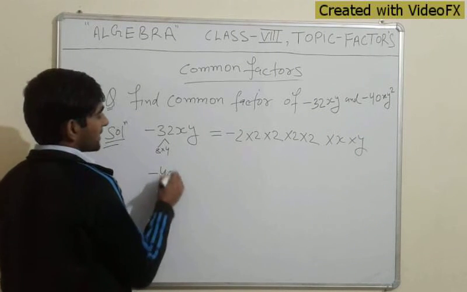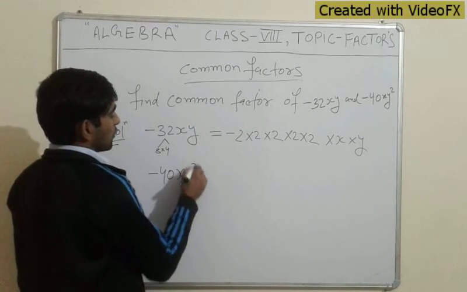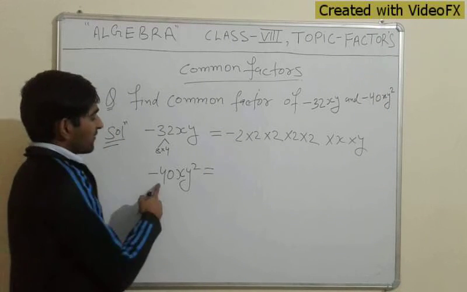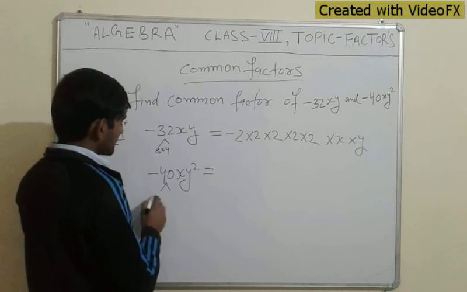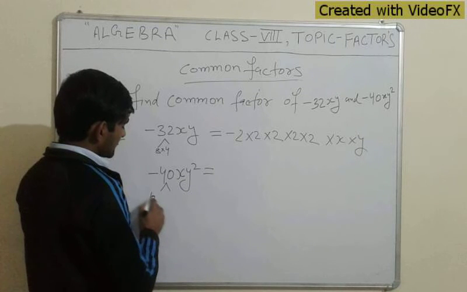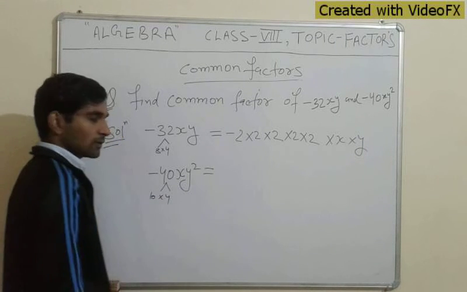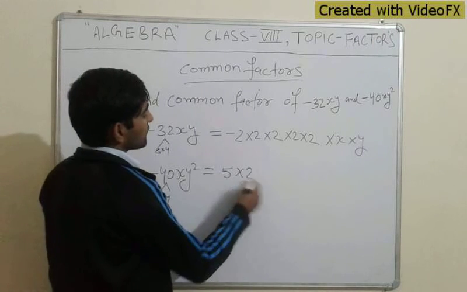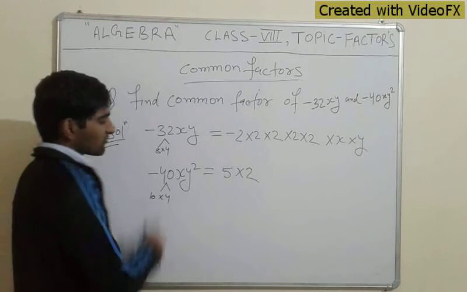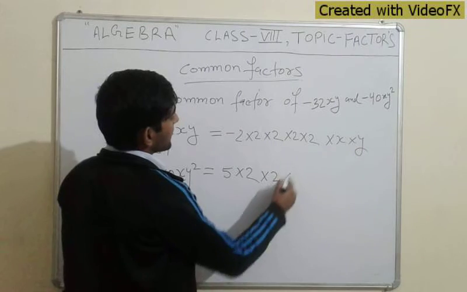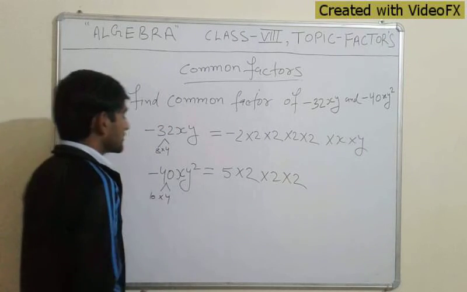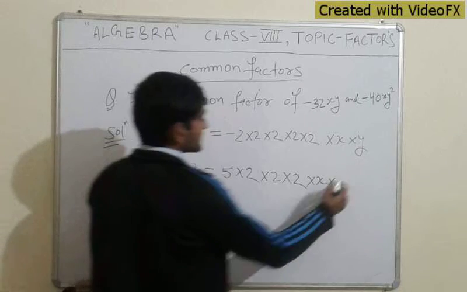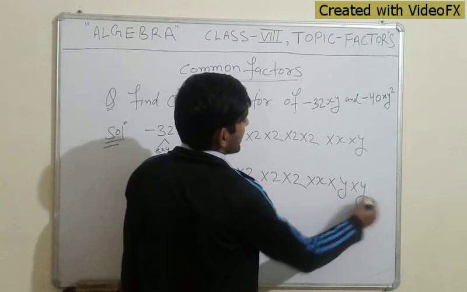After that, 40xy square. 40 is 10 multiply 4. 10 is 5 into 2, and 4 is 2 multiply 2. And this is x. y square is y multiply y.